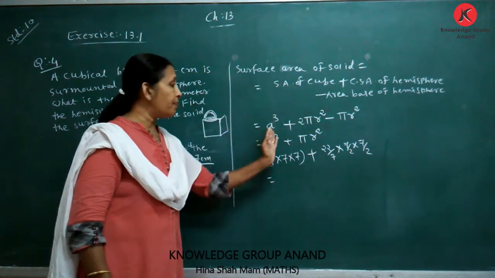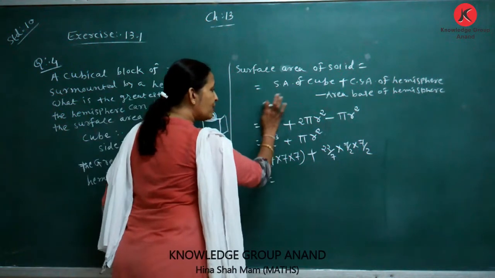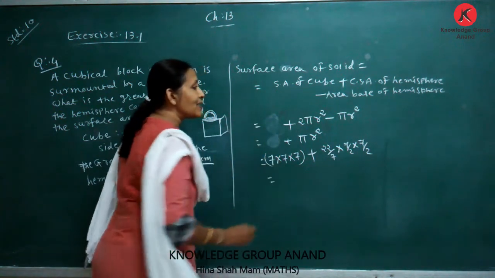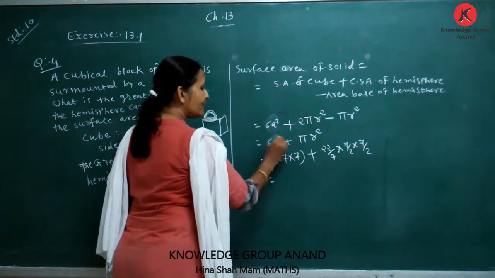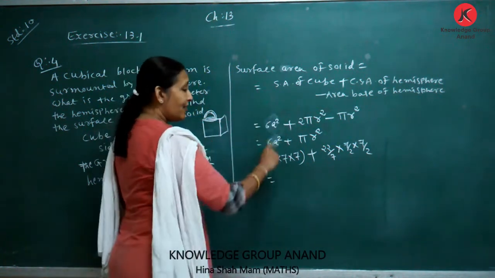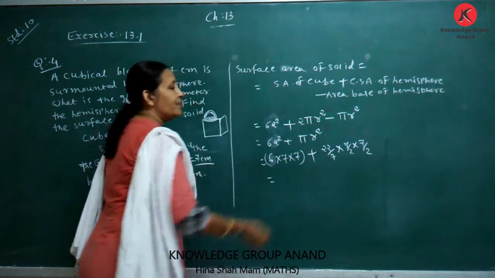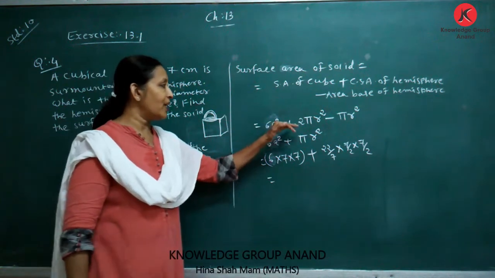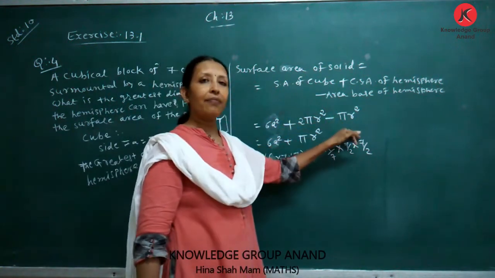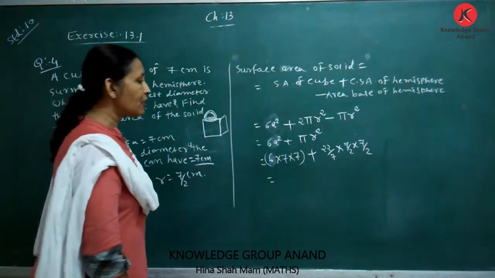Surface area of cube, I wrote here volume of cube. What is the formula for surface area of cube? 6a square. Then plus 2 pi r square minus pi r square. Here 6a square plus pi r square.